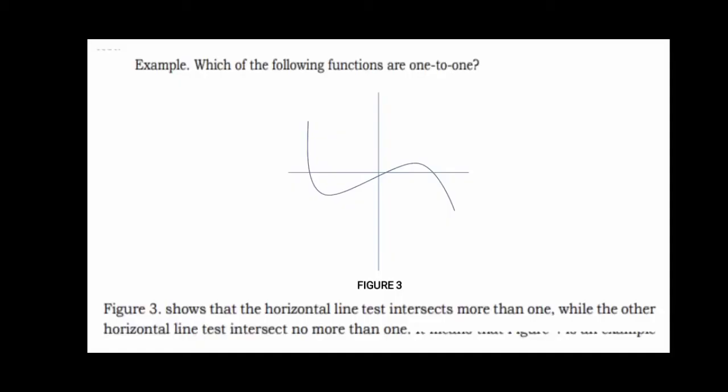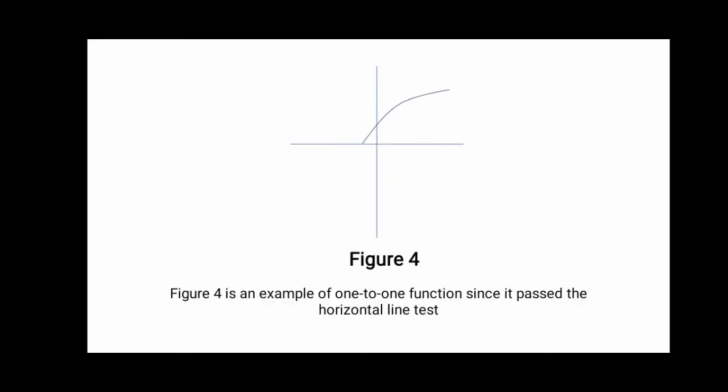Let's take the following examples. If we put a horizontal line on the given graph, the graph will be touched more than once. Therefore, the given figure number 3 is not a one-to-one function. Let's take figure number 4. As you can see, again, we are going to draw a horizontal line on the graph.